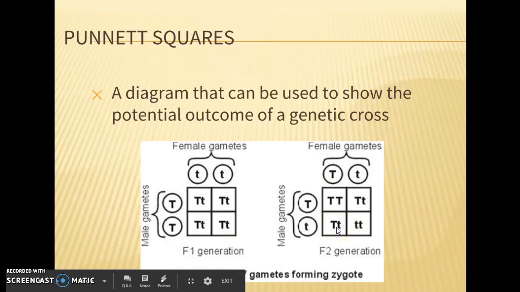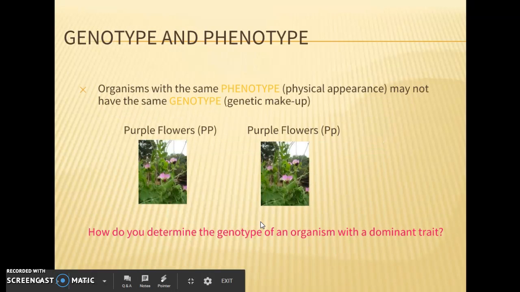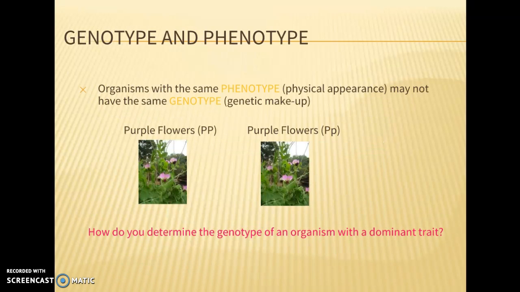Remember, this is just a probability. You would look at this for each individual organism that was formed. There's a 3-to-1 chance that it'll be tall versus short. So that is something to keep in mind, and that is one of the pitfalls that a lot of students fall into.